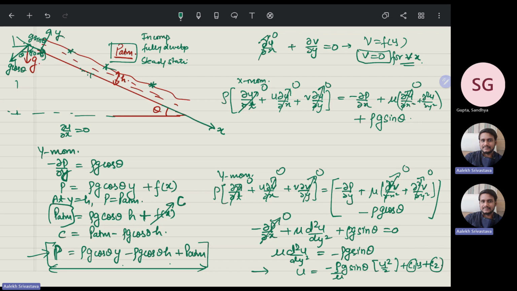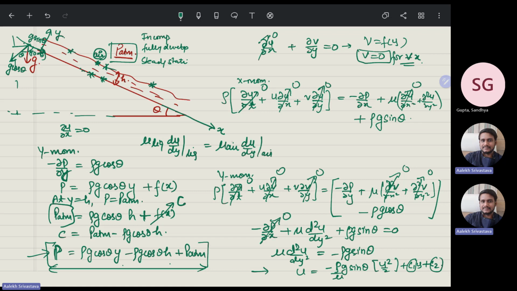One boundary condition is the no-slip boundary condition at this point, but we don't know the second boundary condition. The second boundary condition: if suppose there is air, we will impose continuity of shear stress, and it says that mu of liquid into du by dy of liquid is equal to mu of air into du by dy of air.